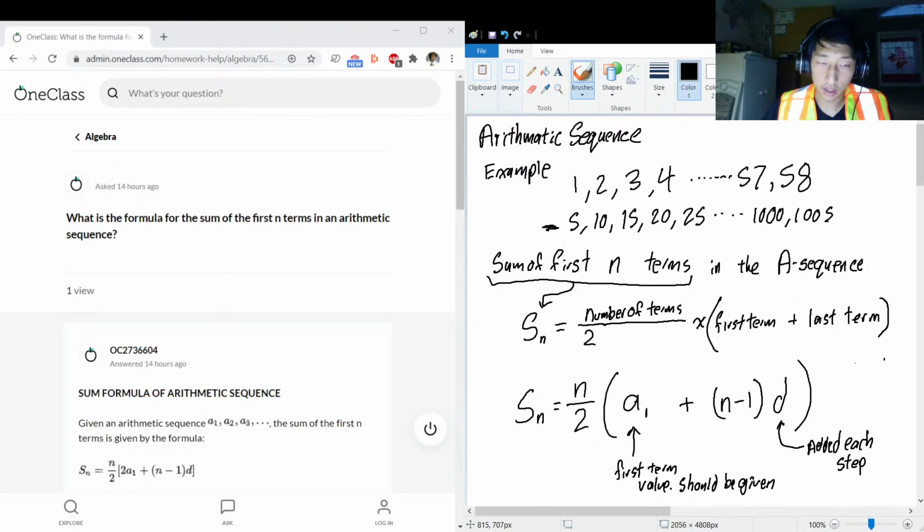Okay, I actually think it is 2 times the first term, but we'll run it through an example and see if it works out.